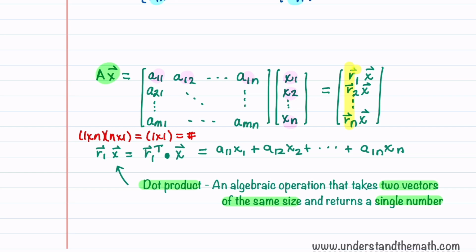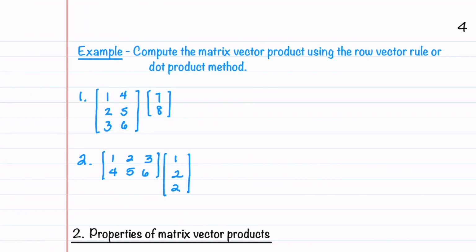Let's go ahead and highlight this formula because this is the formula that we're going to use when we have to multiply a matrix times a vector using the row vector rule or dot product method. Let's now do an example where we'll compute two matrix vector products using the row vector rule or dot product method. Notice that these are the same examples that we did when we used the linear combination of columns method.